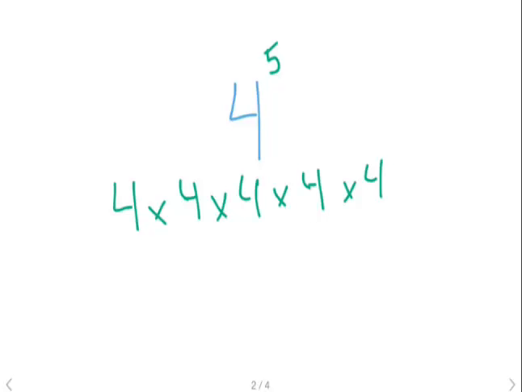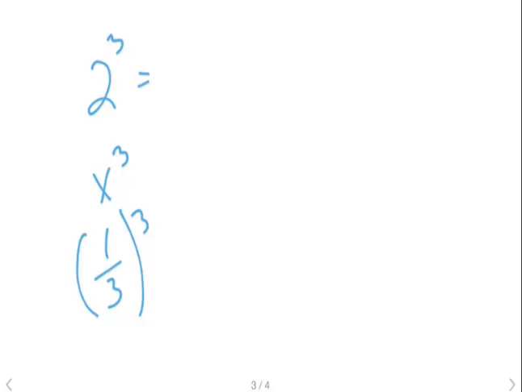So let's take another look. If I have 2 to the 3, or I have x to the 3, or I have 1/3 to the 3, what that is, is itself times itself 3 times. So this is equal to 2 times 2 times 2. This is equal to x times x times x.